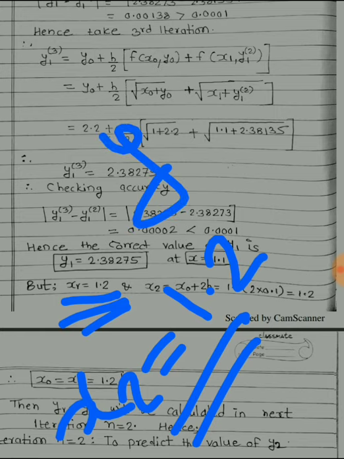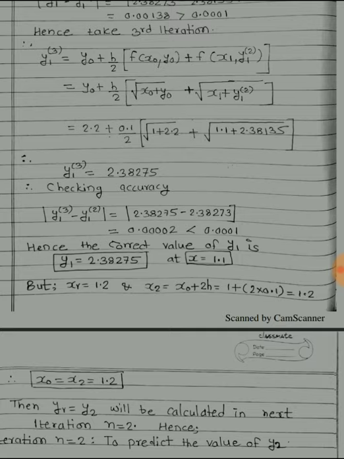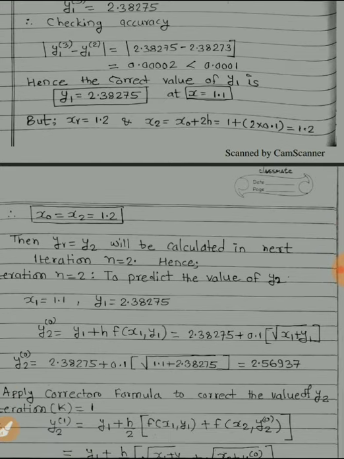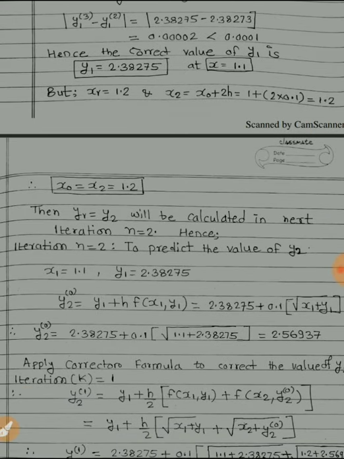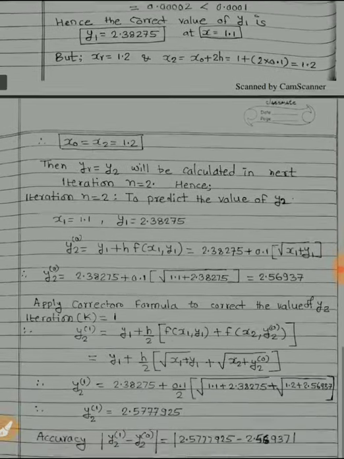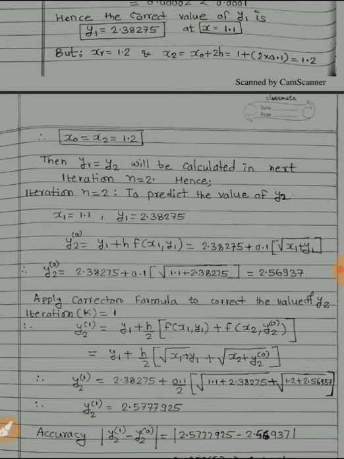I am supposed to calculate the value of y2. So to calculate the value of y2, again we need to take the second iteration. Now this second iteration is not for the correction right now, but it is for the prediction. Once again we need to go for prediction. That is why it is written here.